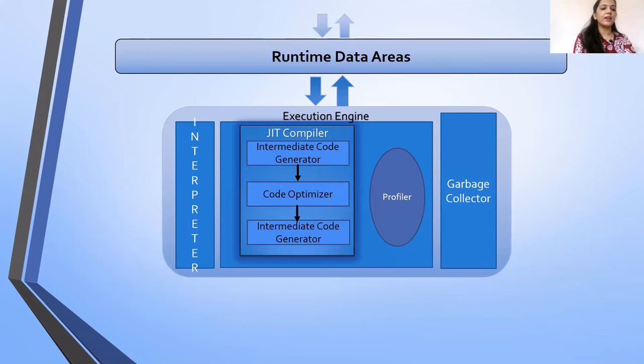To take care of this problem, instead of interpreting the same lines of code or the same methods again and again, provided they are called in your program again and again, there is something called the JIT compiler. If any method is required multiple times, then instead of interpreting it every time line by line, the entire method can be converted once to machine code, and the JIT compiler is responsible for this.